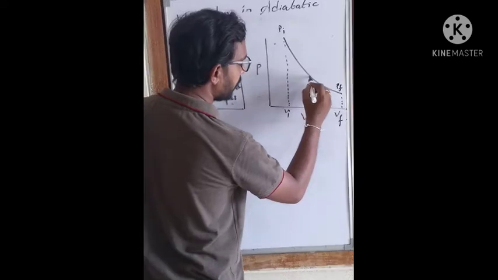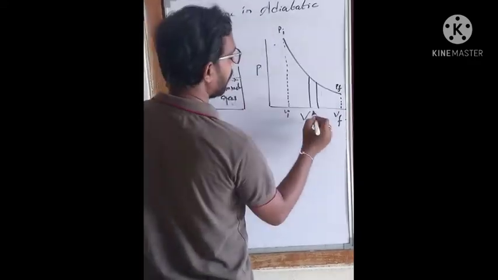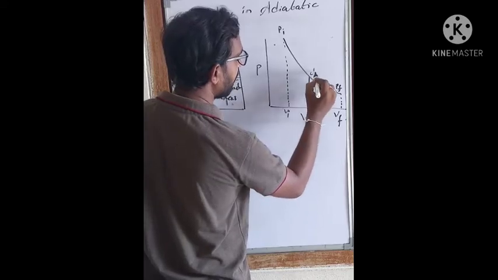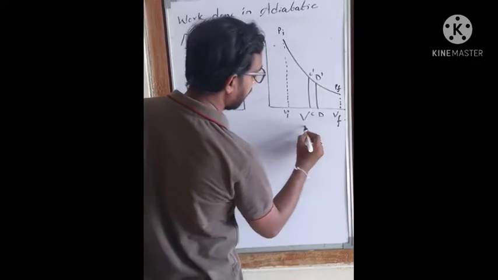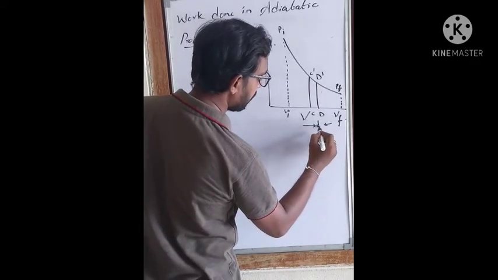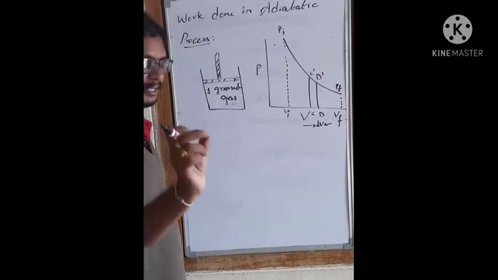Here I am considering a small area, CD, C dash, D dash. At this point, change in volume can be taken as dV.